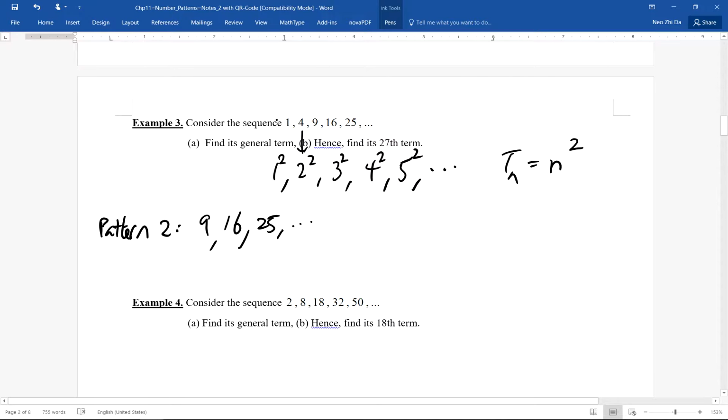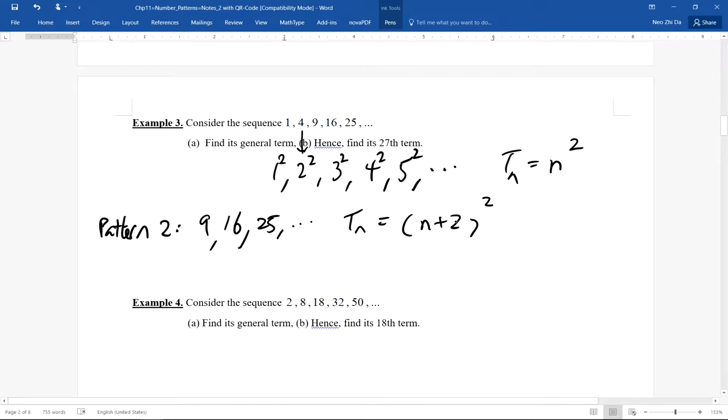Now, when you sub in n equals 1, you must immediately jump to the third term. Hence, you skip by how many? You skip by 2. Hence, the number pattern for this one, what is it? n plus 2. So you skip by 2, you plus 2.